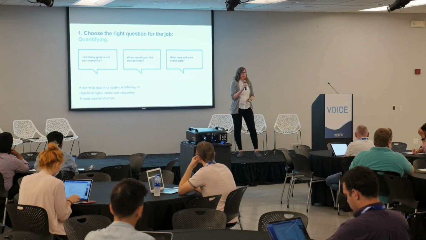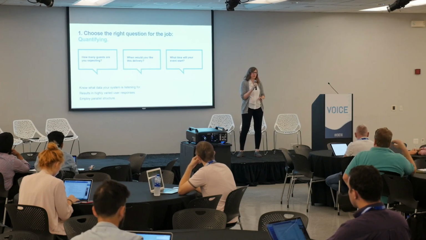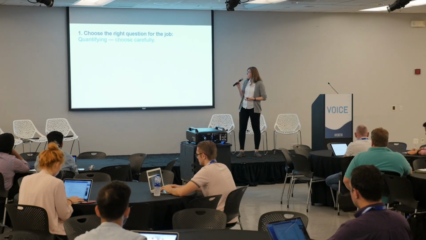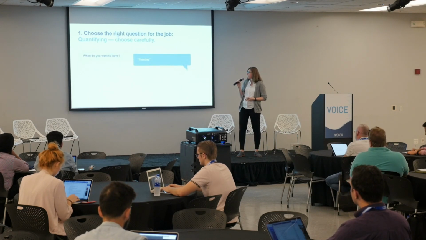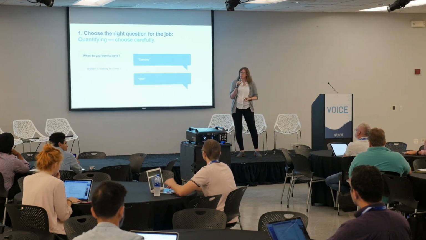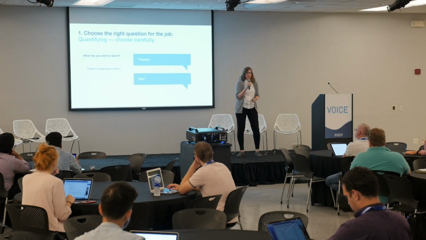When you're writing quantifying questions, again, you want to know what your system is listening for. And we'll talk about why here. In this example, if you ask a question like, when do you want to leave? Let's say your system is listening for a time.